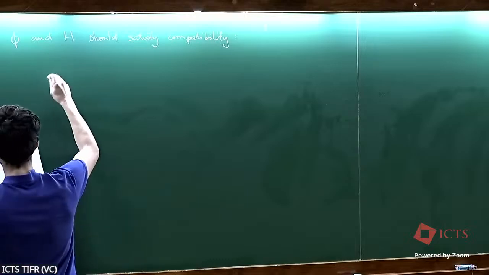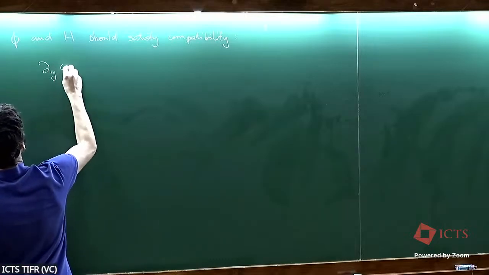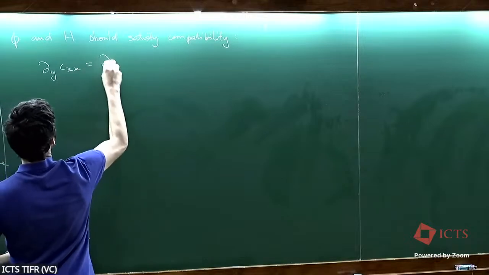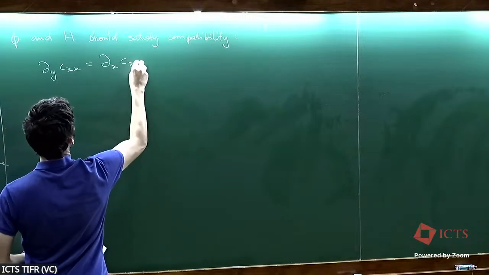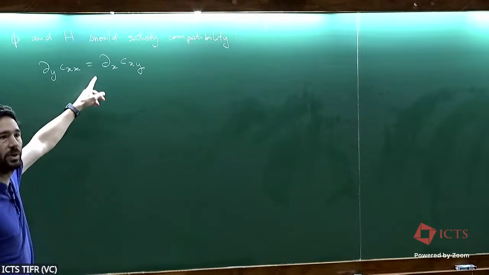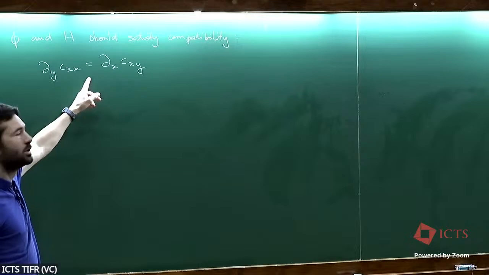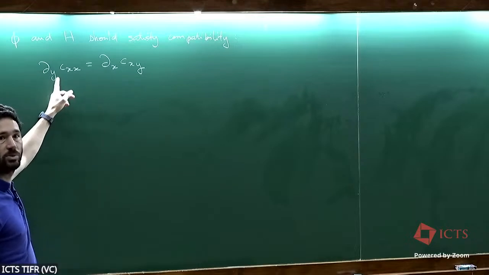The compatibility condition for C is simple. C_ij is the second derivative of zeta, so for instance d_y C_xx is equal to d_x C_xy, because these are derivatives of zeta twice with respect to x and once with respect to y.